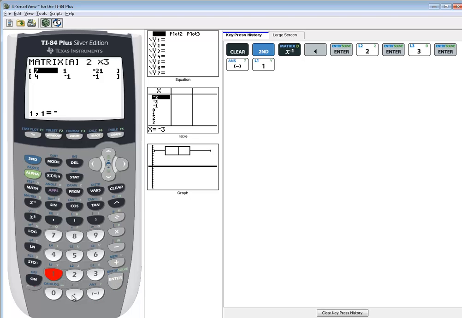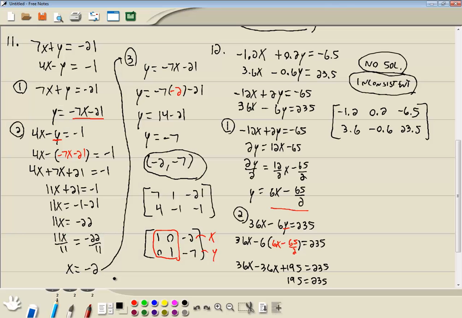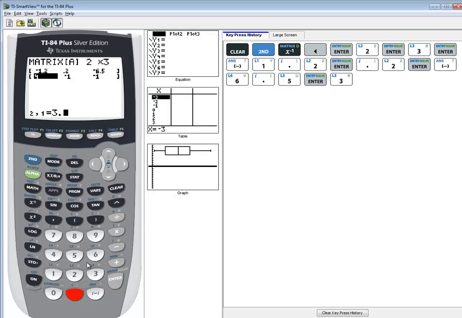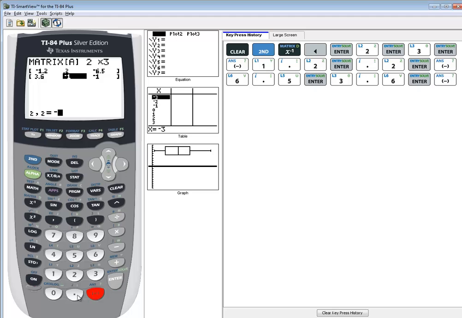So I got negative 1.2, enter, 0.2, enter, negative 6.5, enter, 3.6, enter, negative 0.6, enter, and 23.5, enter.